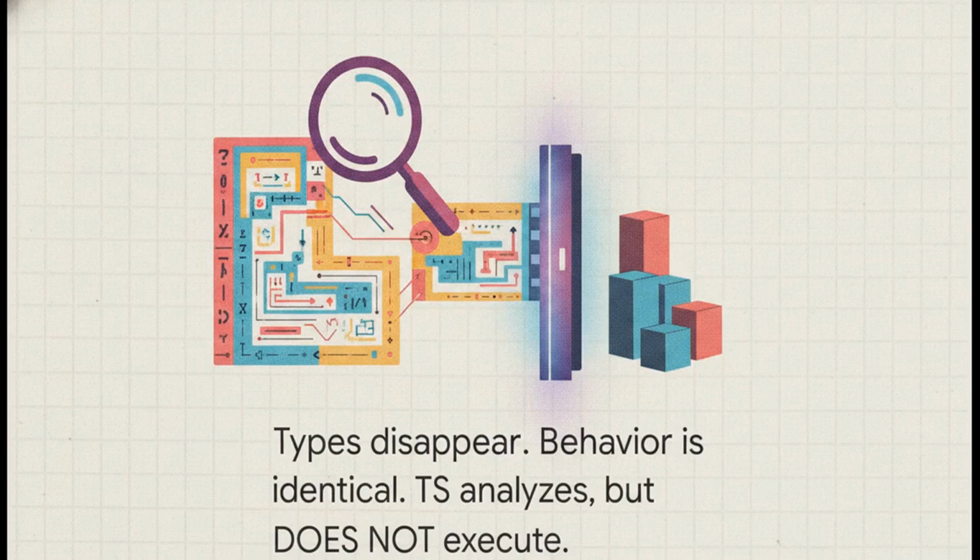And because of that, those types actually disappear entirely during compilation. Your runtime code is just plain old JavaScript. So TypeScript analyzes the code and prevents structural bugs before execution, but it does not execute the code itself. Meaning, it's not going to save you from pure runtime logic errors, like dividing by 0 or some unexpected network failure. It's a type checker, not magic.